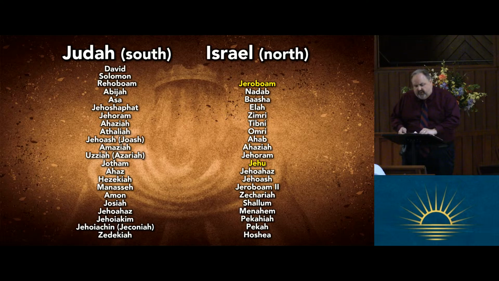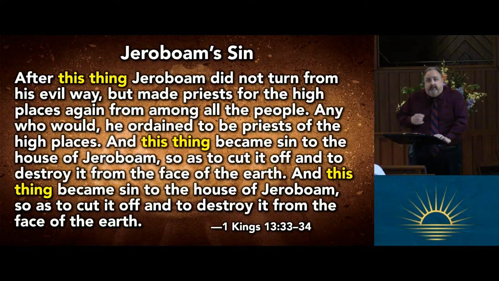1 Kings 13, verse 33. Here is the end of the reign of Rehoboam. I think I've got it on the screen here. There it is. Verses 33 and 34 of 1 Kings 13, the last 2 verses.